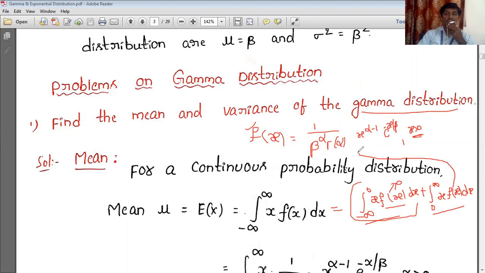And f(x) we already know: 1 by beta power alpha gamma alpha, x power alpha minus 1, e power minus x by beta. So that one we are going to calculate. Here we write the integral from 0 to infinity of x times f(x), that is 1 by beta power alpha gamma alpha, x power alpha minus 1, e power minus x by beta dx.